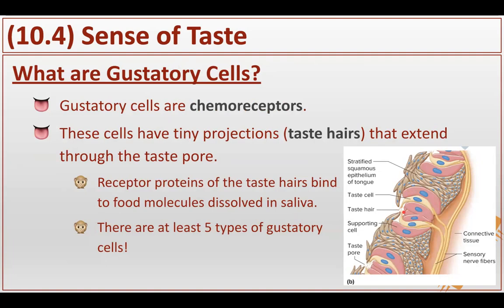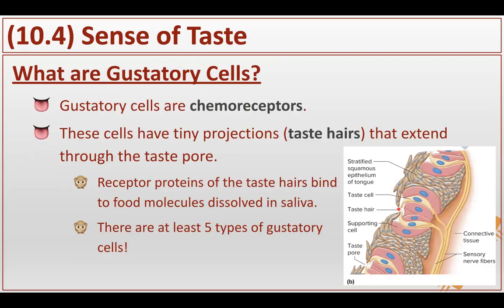And on that portion of their membrane, they have receptor proteins, just like the olfactory receptors in your nose. And they're going to bind to the chemicals within your saliva. And depending on what type of chemical it is will depend on what actually attaches to these receptors.